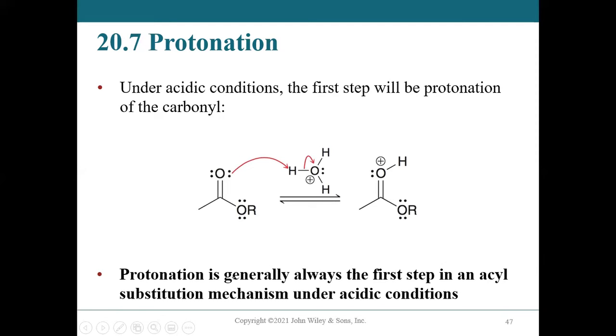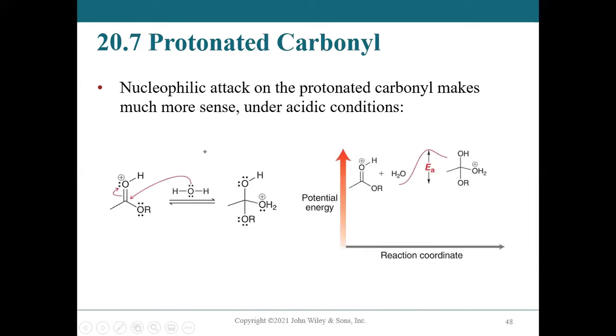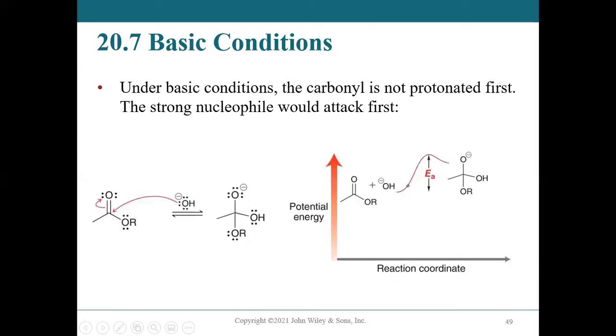Protonation is generally always the first step in acyl substitution mechanisms under acidic conditions. Nucleophilic attack on the protonated carbonyl makes much more sense. The activation energy is lower, so the process is faster.